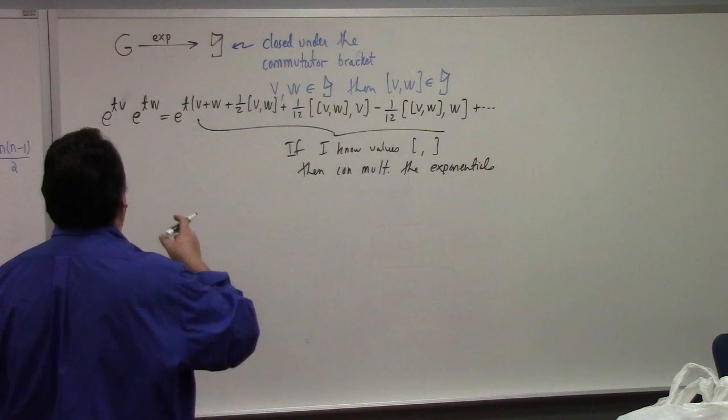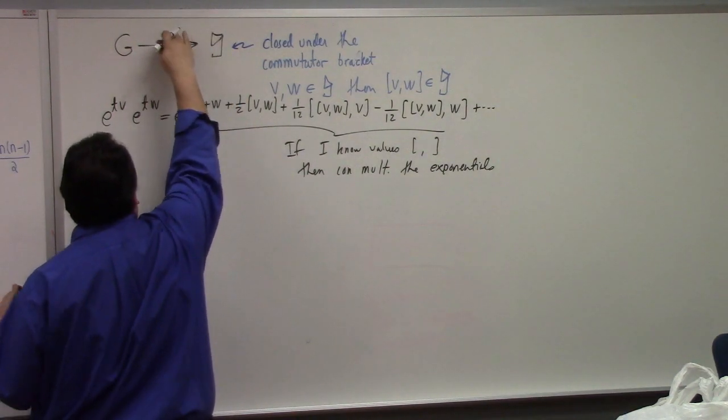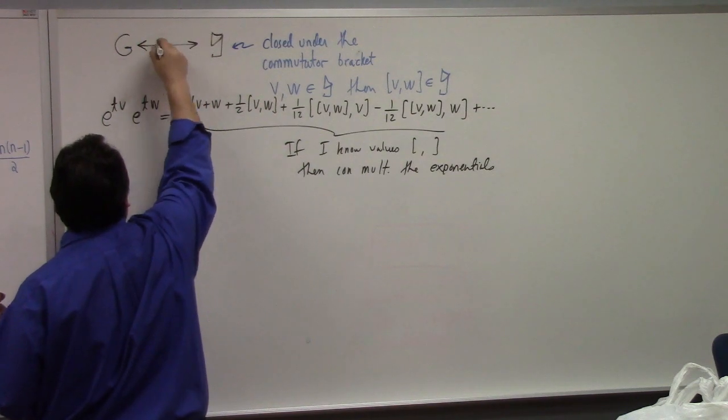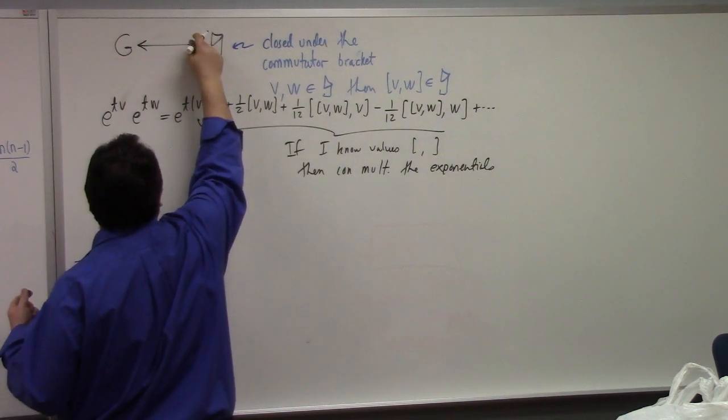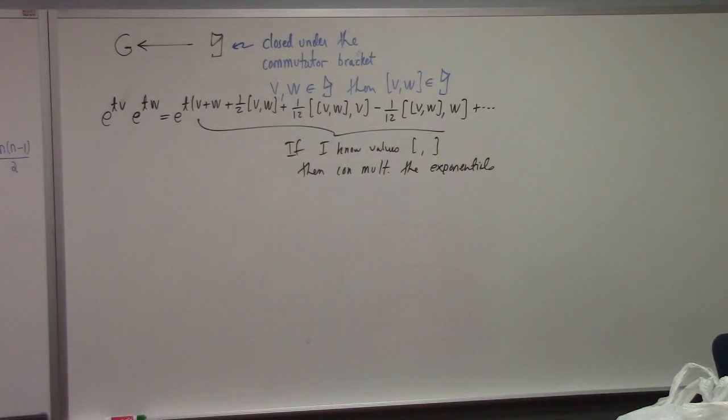Look at this, guys. Man, I got it all twisted. It's the other way around, right? Exponential goes from the Lie algebra to the group. Goodness gracious. Oh, so sad. Sorry about that.